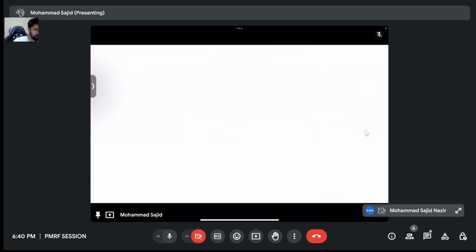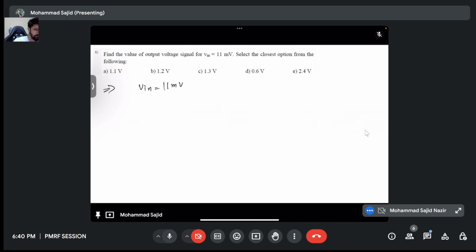So what next? Find the value of output voltage signal for V in 11 millivolts. So now my AC signal is 11 millivolt, right? So I need to find the output voltage. So here you can make one mistake.